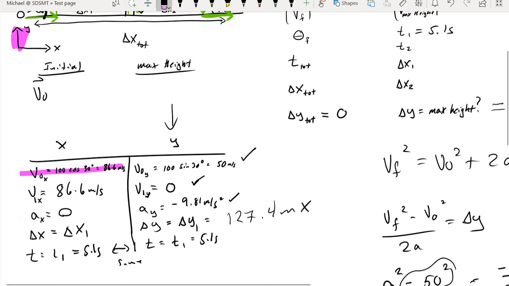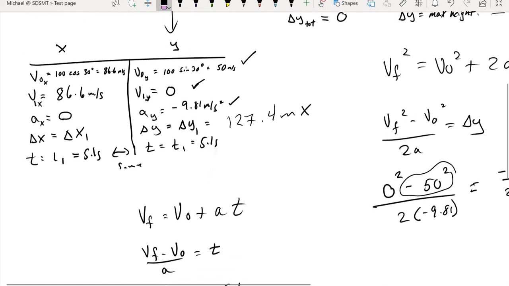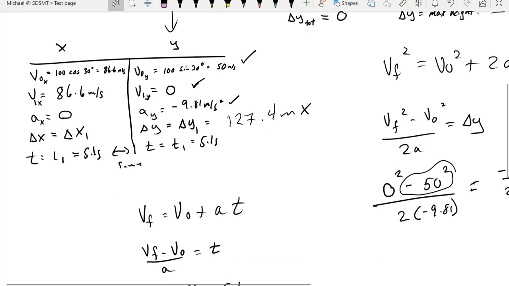And now we have everything that we need to solve for delta x1. I now know the time of flight during that first interval of displacement. There's only room for 2 additional terms in any kinematic equation that we use. I definitely want to use the acceleration because that's a 0. 0 always makes the algebra easier to work with.